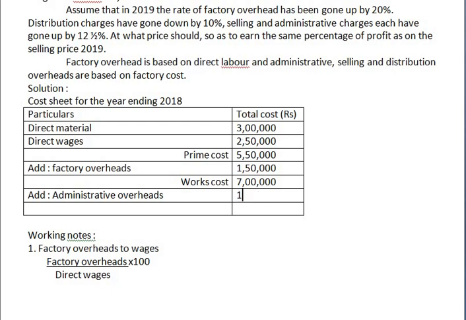Now the total is 8,68,000. This total is called cost of production.